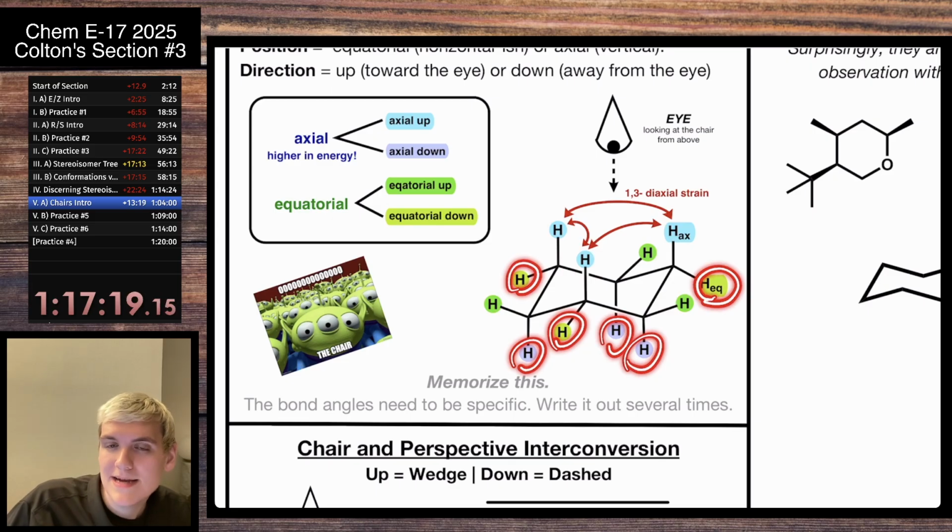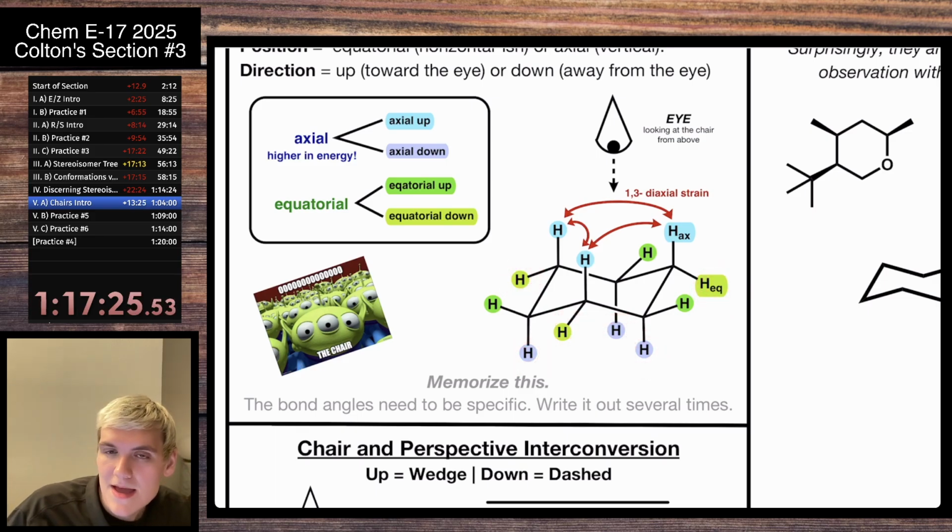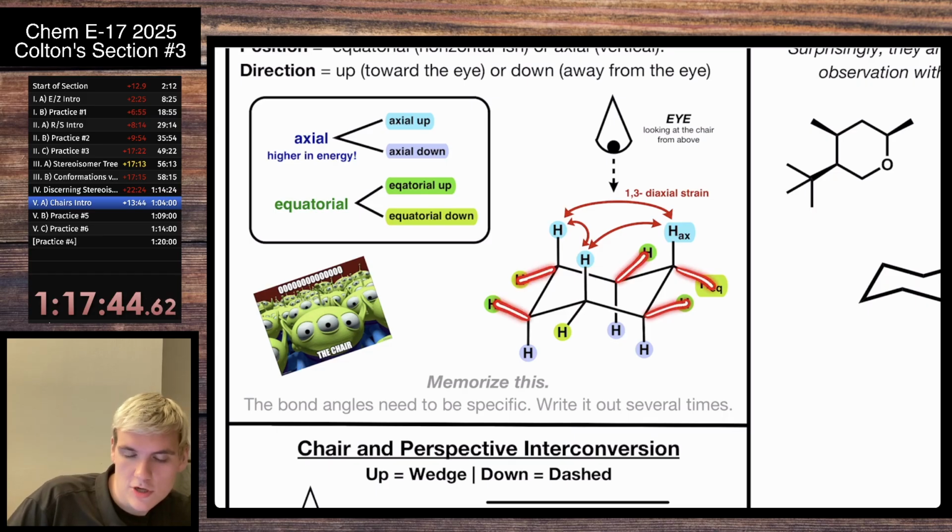So that is one criterion that we can apply to each position of the up and down at each carbon in the chair. But the other thing is whether or not it's going to be perpendicular, straight up and down to the chair, in which case we call these axial substituents, or if they are going to be going outward from the chair, almost kind of like a hula hoop or something, or like, I don't know, a skirt.